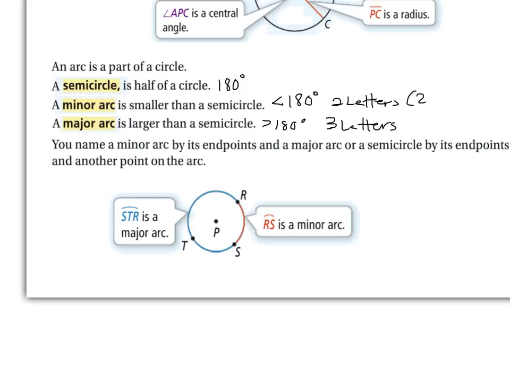A minor arc uses just the 2 endpoints, and a major arc uses the 2 endpoints and 1 in the middle. In this case, STR, S to T to R, is a major arc because it's more than half of the circle. You'll notice again we name that with 3 letters.